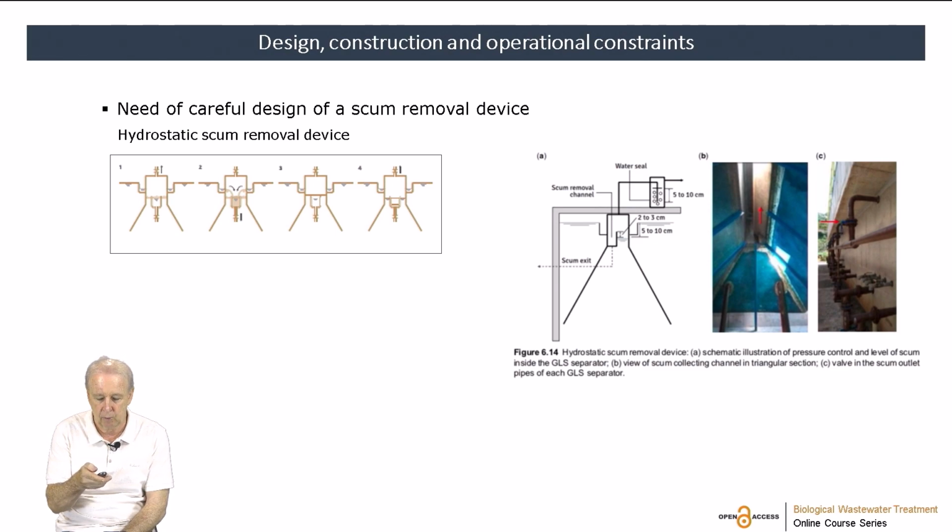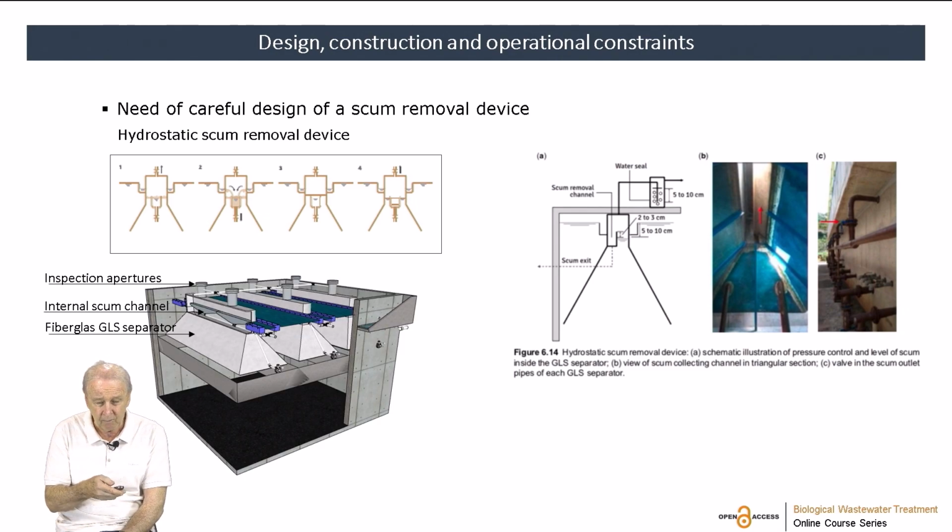With this, we can operate in the way that I showed. Open this valve that is outside. And here is in practice one three-phase separator. Here in the upper part is the scum channel, and this scum channel communicates with the exterior of the reactor with these pipes and valves, and by opening this valve, we can remove the excess scum that accumulates.